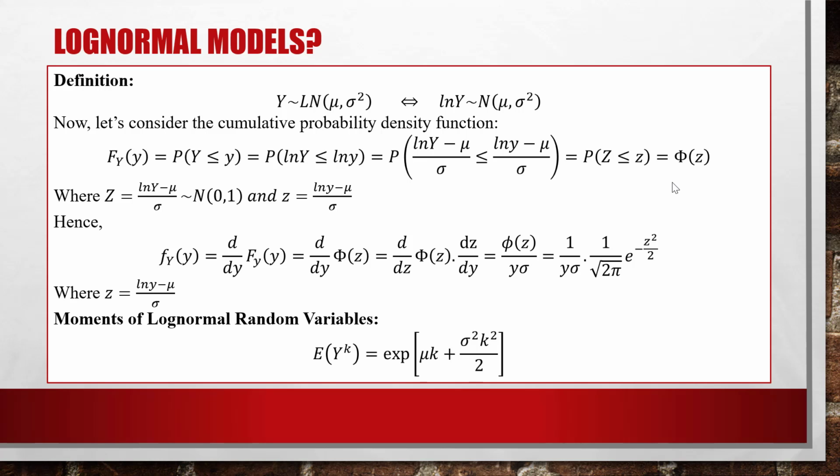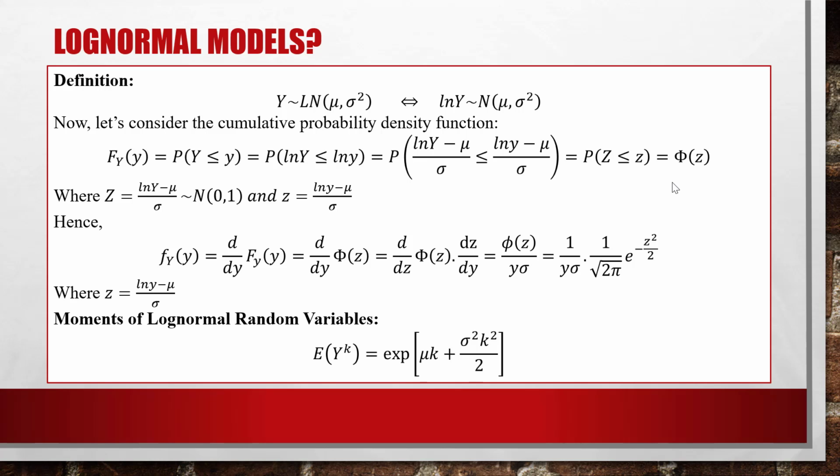And so we have figured out that capital F of y is equal to capital phi of z, where z is equal to natural log of y subtract mu over sigma.